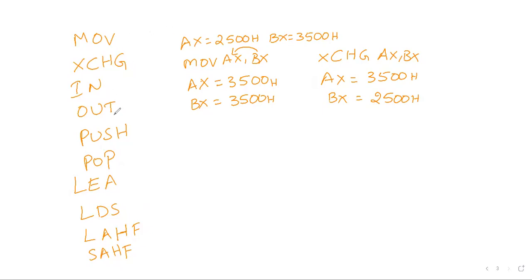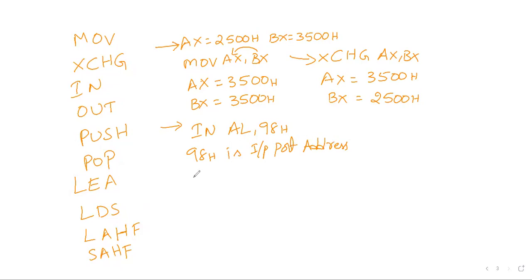Similarly, IN and OUT. These are the input-output port instructions. Next, the IN instruction, for example IN AL, 98 hexa. Here this 98 hexa is the 8-bit input port address.